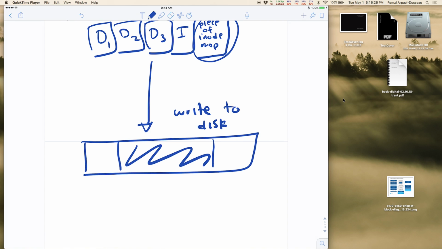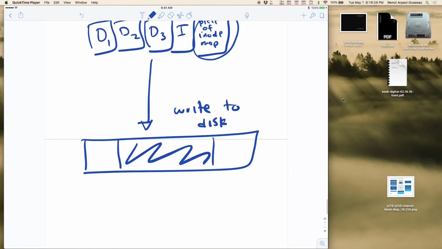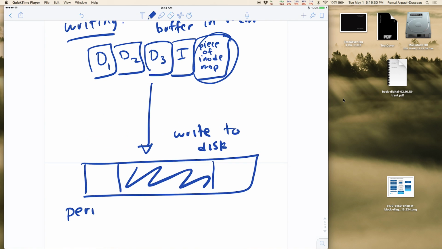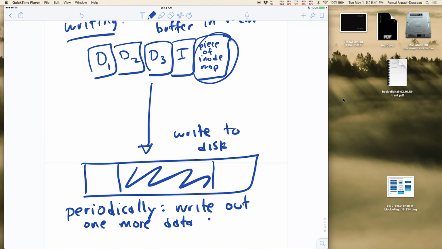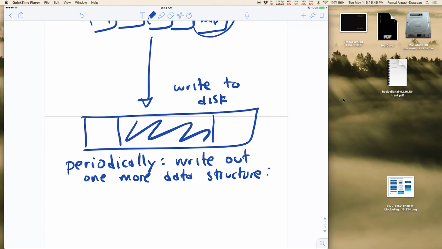So we're going to do one more thing. Periodically, what we're going to do is write out one more data structure, and that data structure is going to be called the checkpoint region.